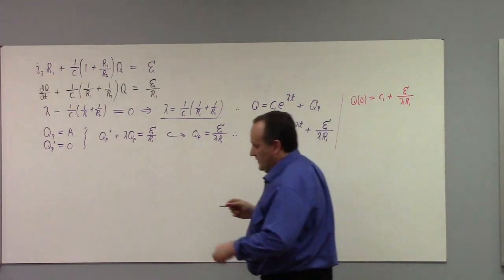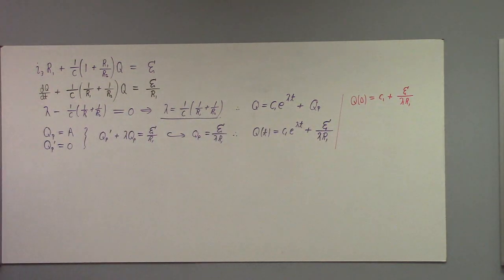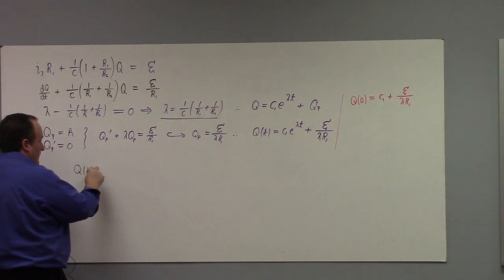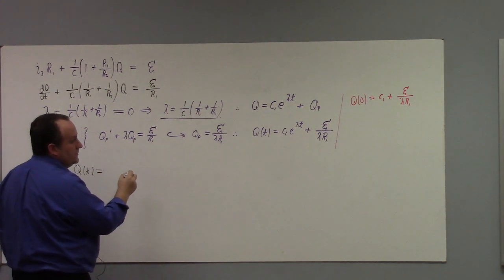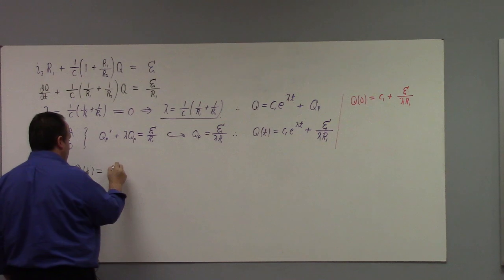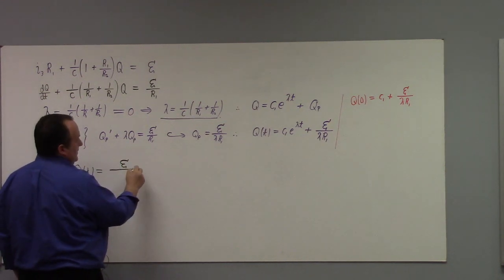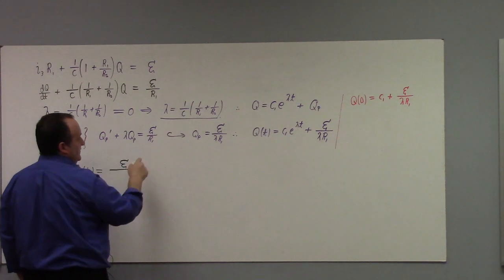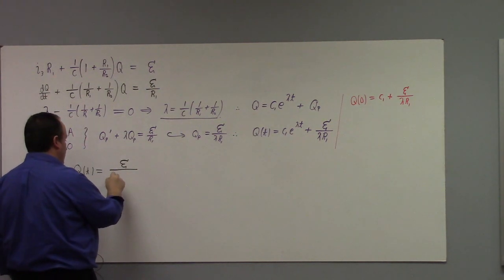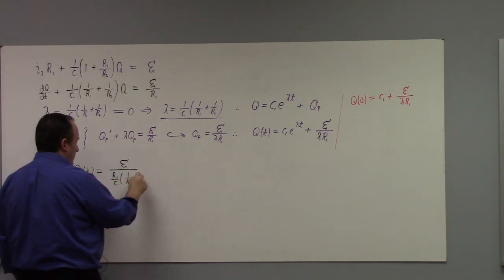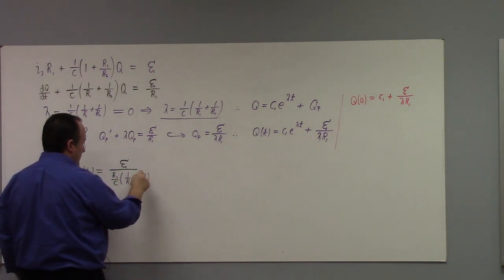So lo and behold, I have the solution. I think Q of T is equal to E over lambda R1. So I've got E over, now this is lambda, right? So I'm just going to go ahead and do R1 over C times 1 over R1 plus 1 over R2.